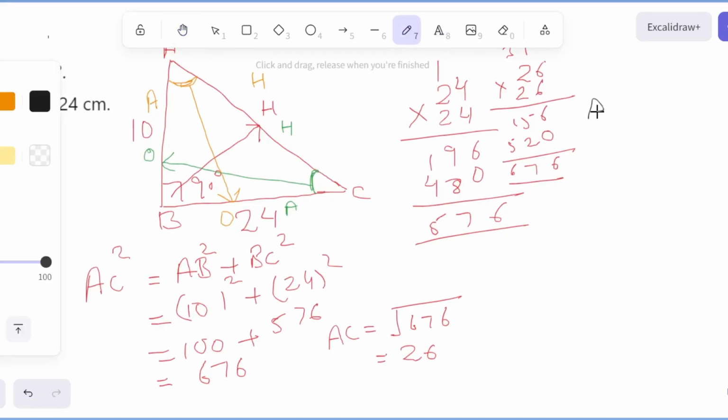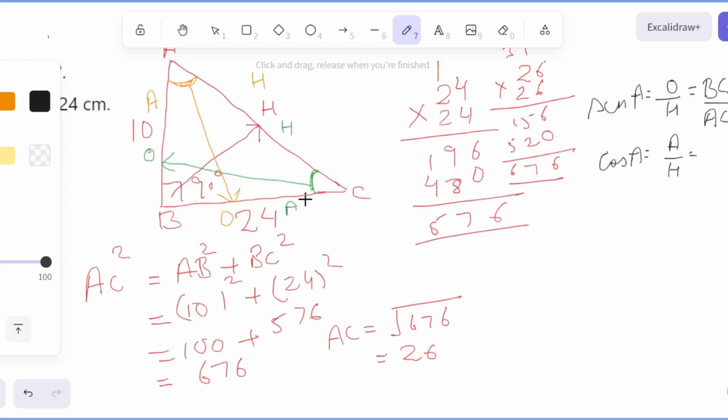The sine of A: sine is opposite upon hypotenuse. For A, opposite is BC and hypotenuse is AC, and BC is given as 24. So 24 upon 26. Cos A is adjacent upon hypotenuse.